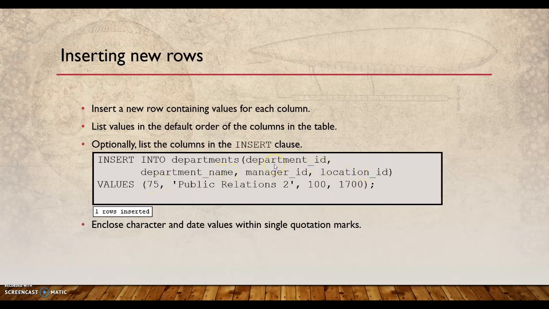Only if you want to insert values in specific columns do you specify the column names here. Insert into department ID, department name, manager ID, location ID. And as I said, you need to be careful about the not null fields, the unique fields, and the primary keys.